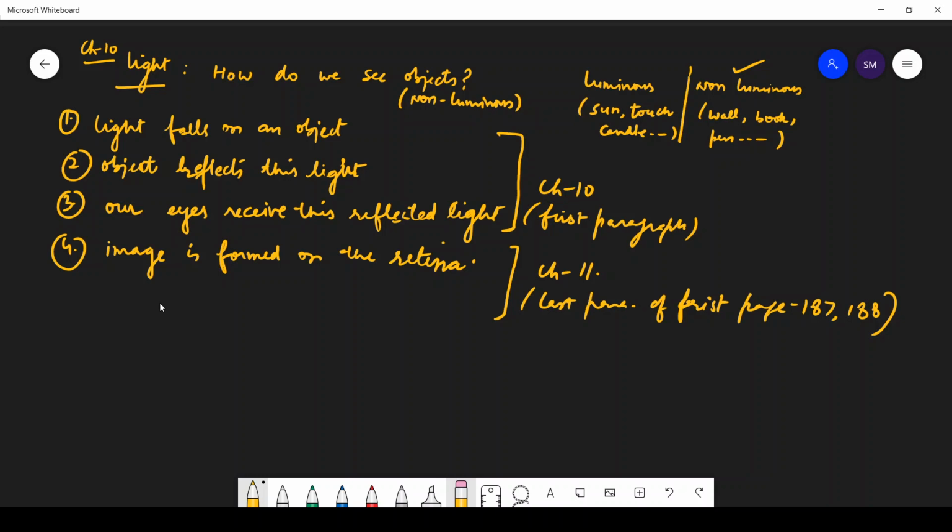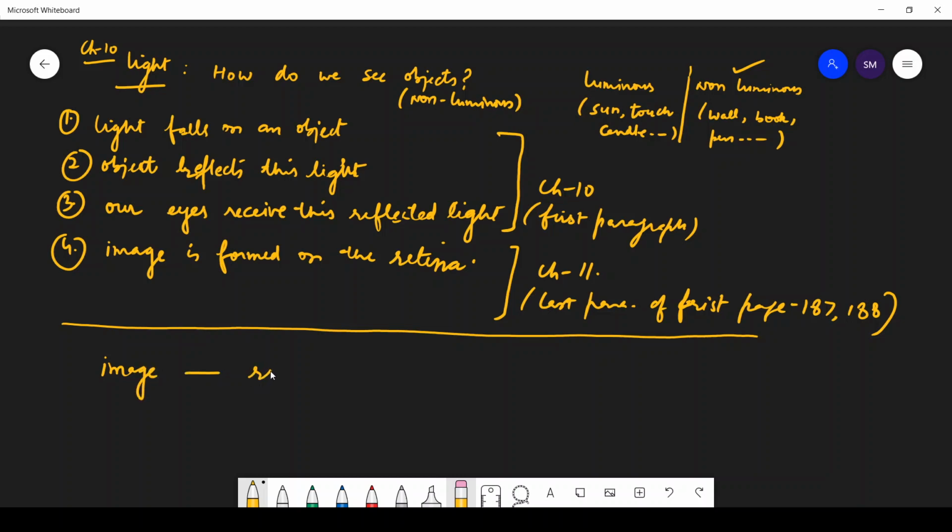So students, it is very important for us, as I have told you, that there is a lens in our eyes and it forms an inverted real image of the object. So here in this chapter we are going to study what kind of image is formed. So image can be real or virtual.